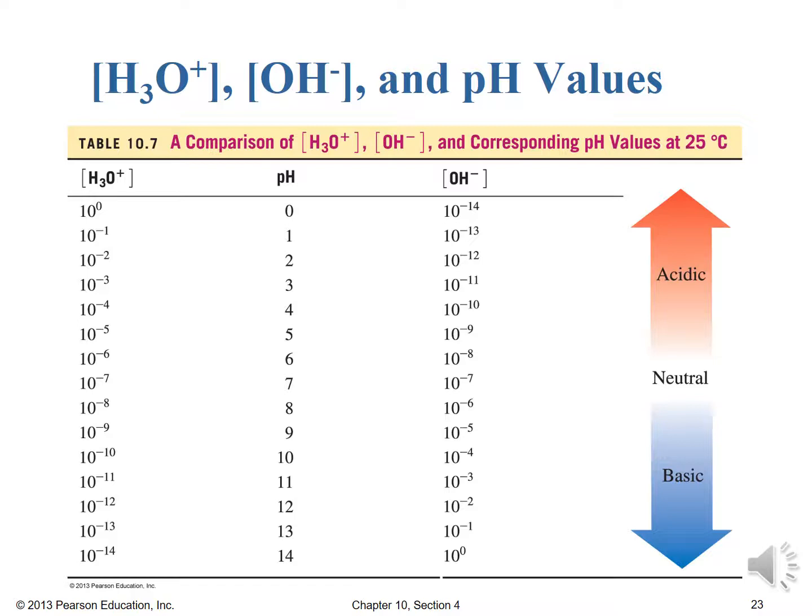As we move down that column, our values go in the opposite direction as our H3O plus concentration, such that the exponents always add to negative 14, if we just add the 10 to the negative whatever for H3O plus and 10 to the negative whatever for OH minus, because of that Kw value of 1 times 10 to the minus 14, the Kw of water at 25 degrees Celsius. So hopefully if you haven't noticed that feature yet, this table has brought that out for you.